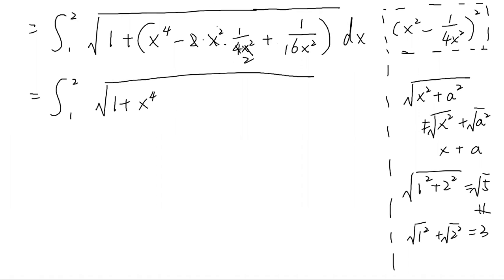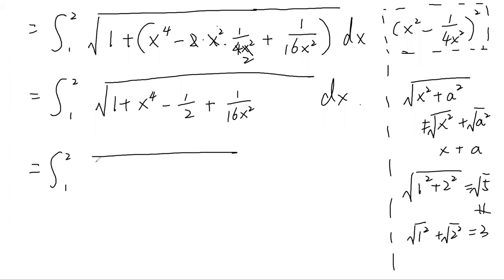This term becomes negative 1/2, plus the last term, 1 over 16x squared, dx. And now this becomes the integral of the square root of 1 plus x to the 4 minus 1/2, because 1 minus 1/2 gives you 1/2. And then plus 1 over, yeah, this is to the 4, my bad.